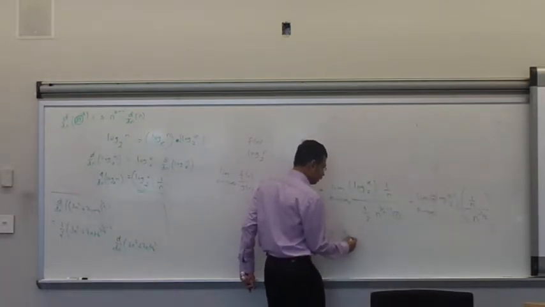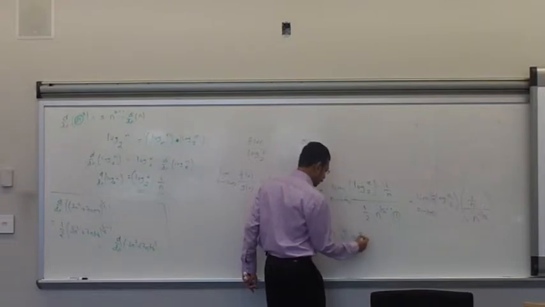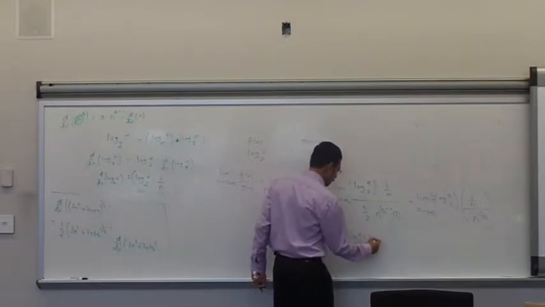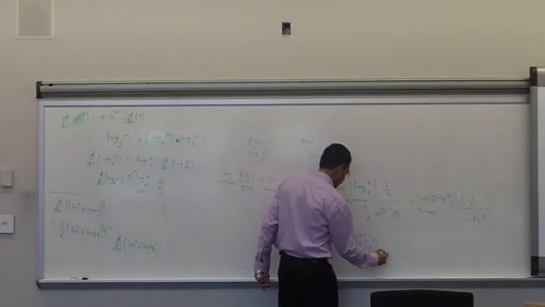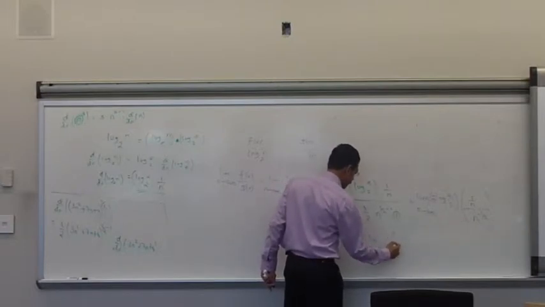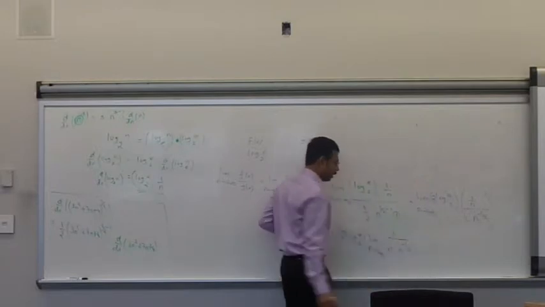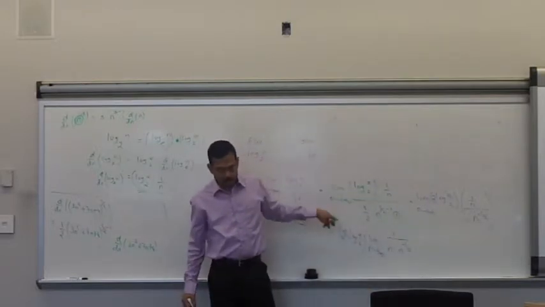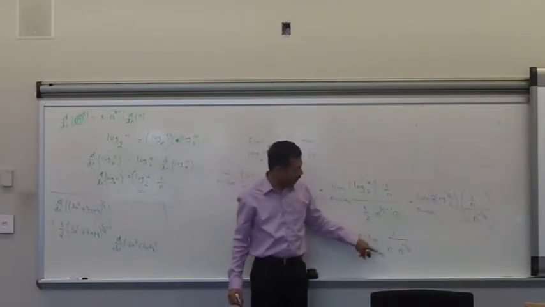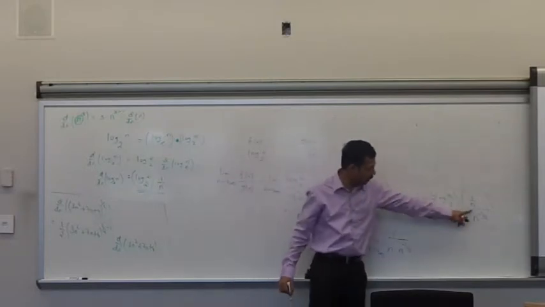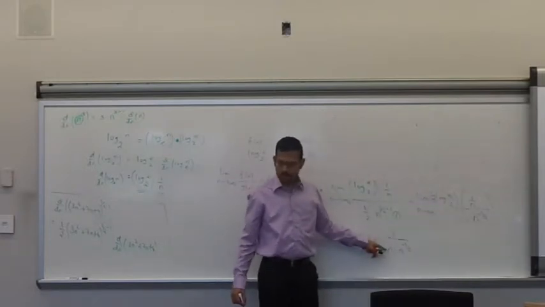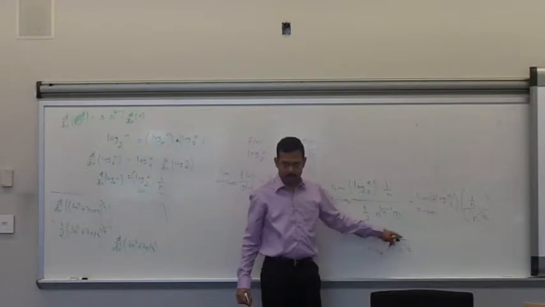So you can say this is 2 log e to the base 2, limit n tends to infinity, 1 over n times n to the negative half. I'm taking my constant out, and n goes to the denominator times n to the negative half.